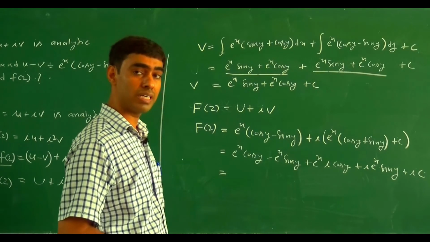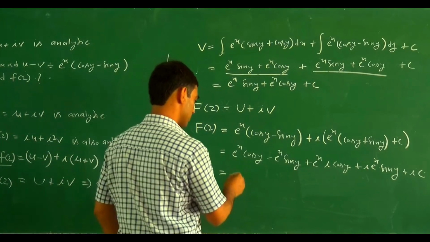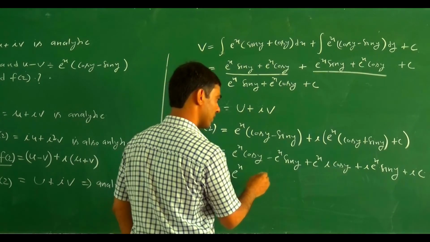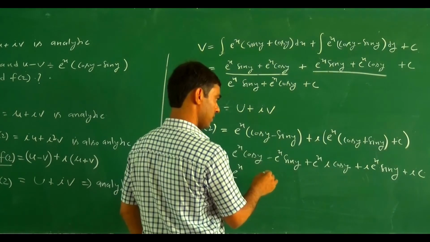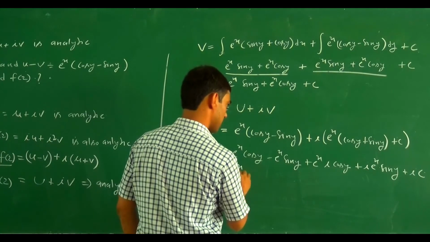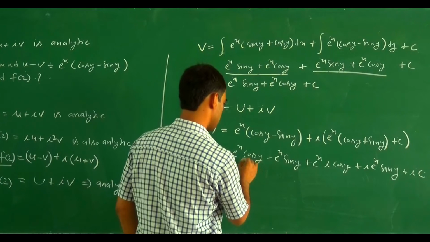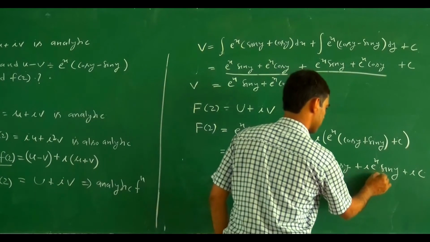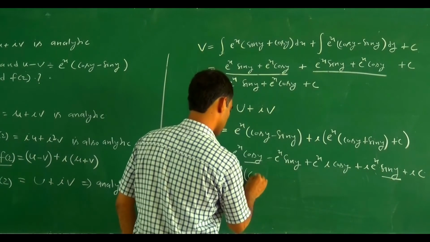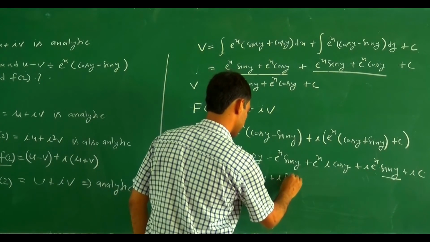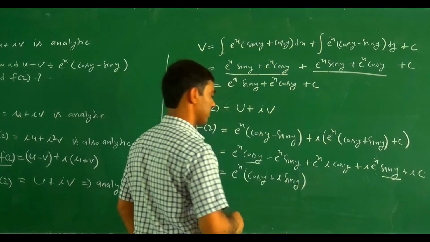So this becomes e^x, this term and this term together, (cos y + i sin y), this one.